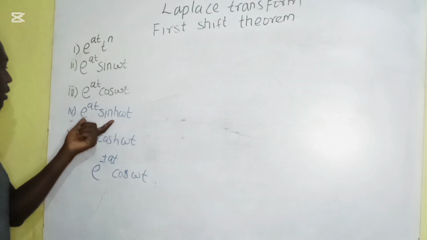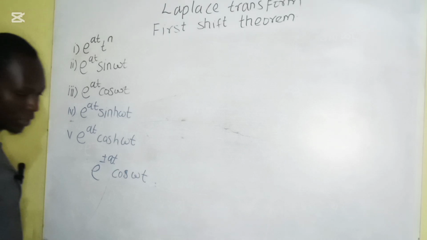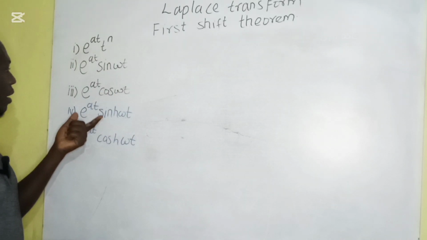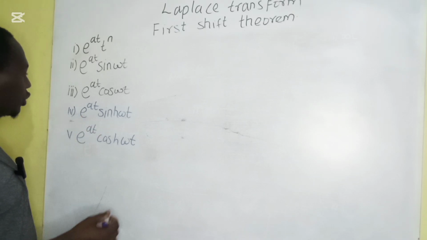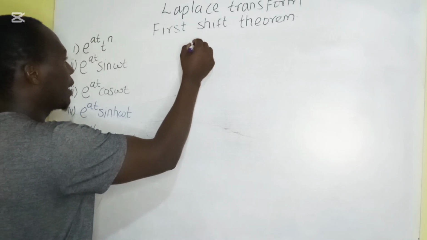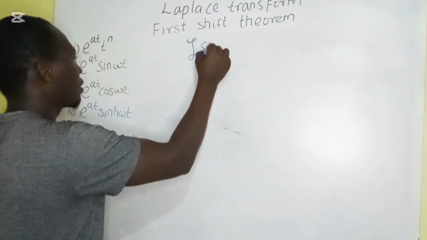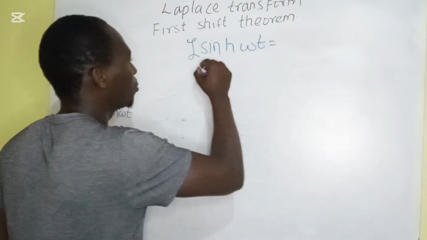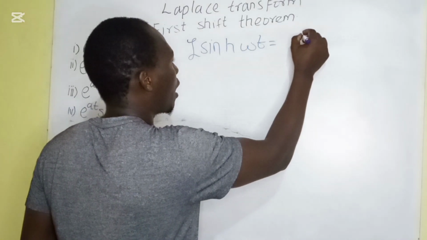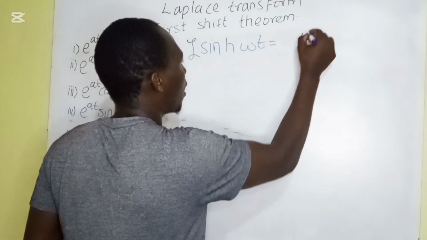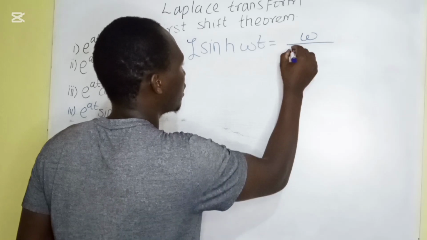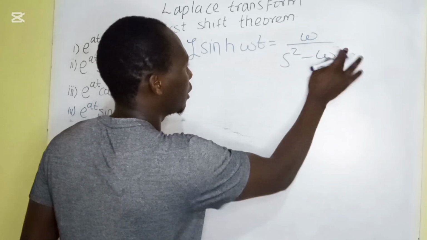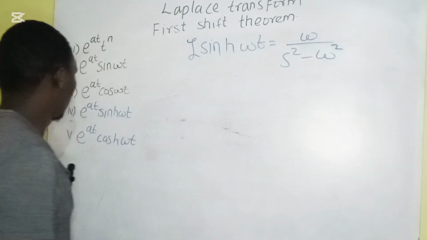Let us now find the Laplace transform of our function here. The Laplace transform of sine hyperbolic of our angle t is going to be equal to our angle all over s squared minus our angle squared.